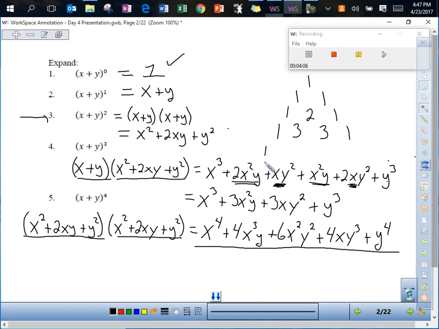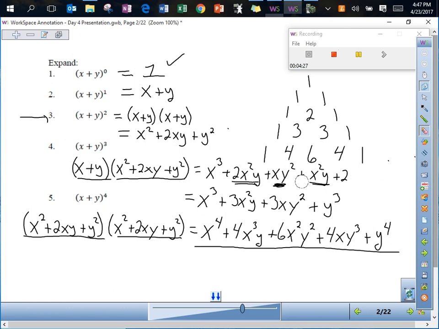The coefficient of the x to the 4th was a 1. The next coefficient was a 4. And then there's a 6. And then there's a 4. And then there's a 1. What I'd like for you to do is focus on those coefficients for a second. I'm going to erase this mess that I have in here now so I can talk to you a little bit about it.